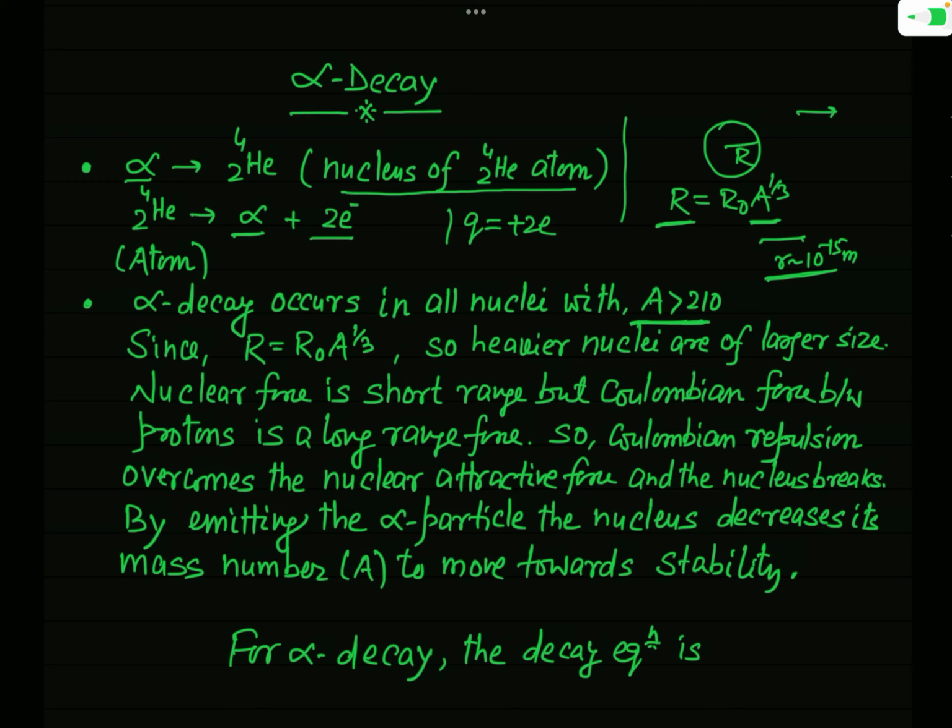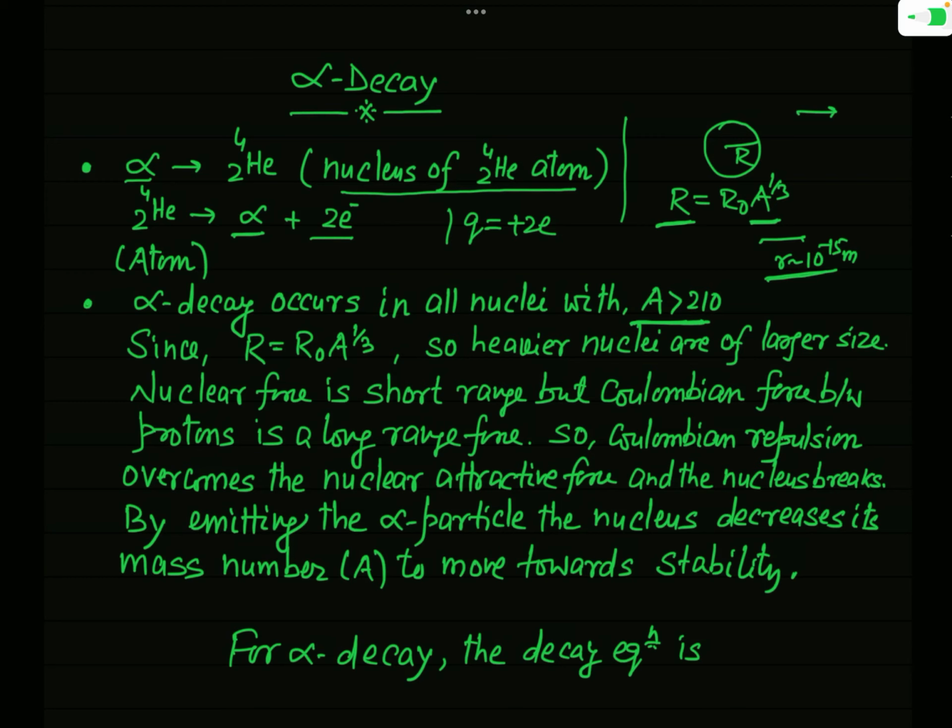The electrostatic force overcomes the attractive nuclear force, so the nucleus gets disrupted and the nucleons will be separated. Such a nucleus has a tendency to break and get stability.